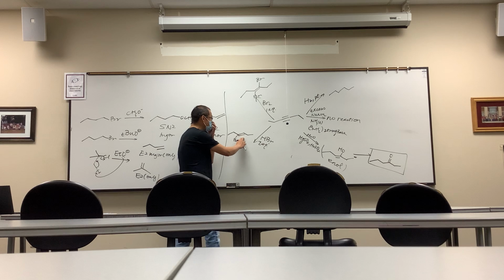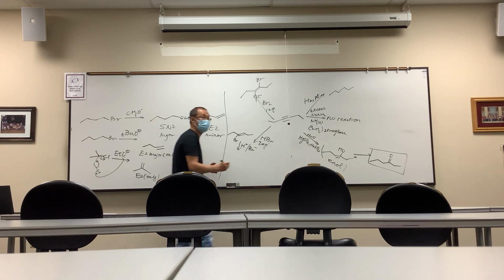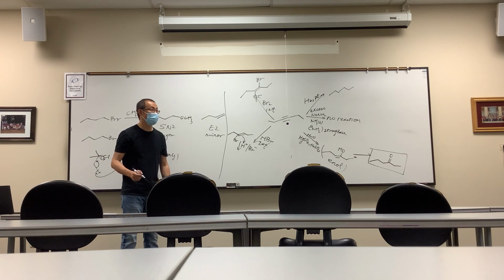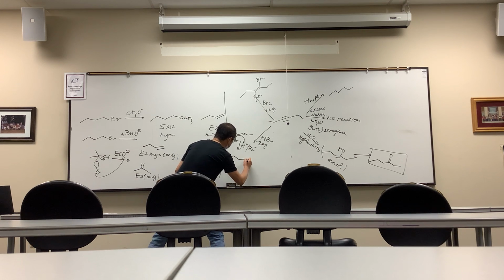After the first HBr is added, if I treat with another HBr, HBr is H plus and Br minus, the double bond will grab a proton, electrophilic addition. Remember we said Markovnikov's rule, that means this carbon has the carbocation and this one has the proton added.